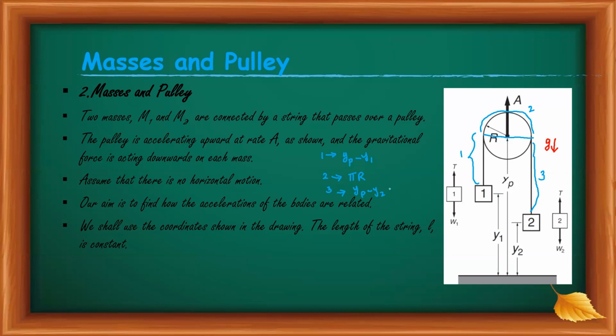Then the total length L must be equal to pi r plus yp minus y1 plus yp minus y2. Here there is a yp and there is another yp here. Then we have to sum it.